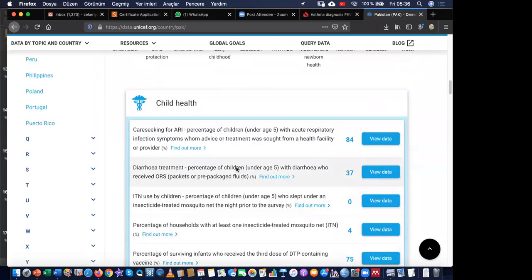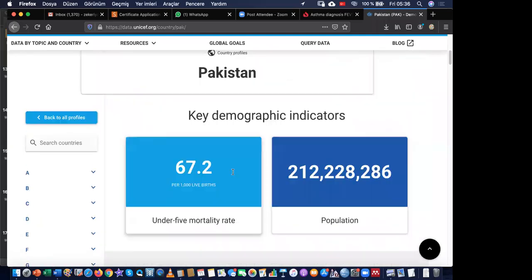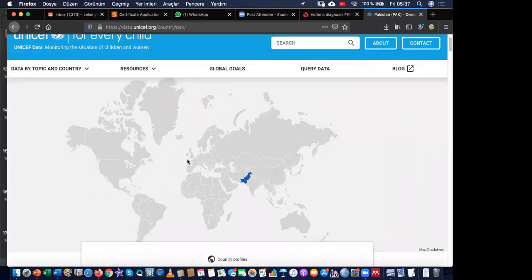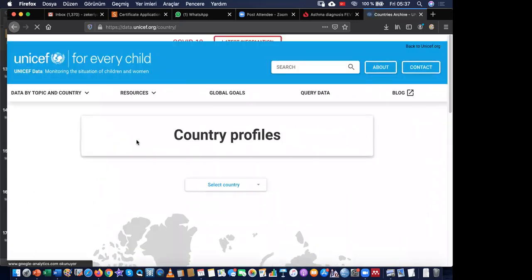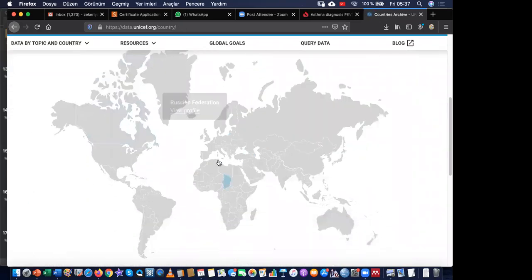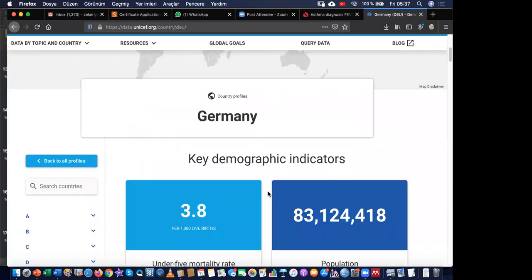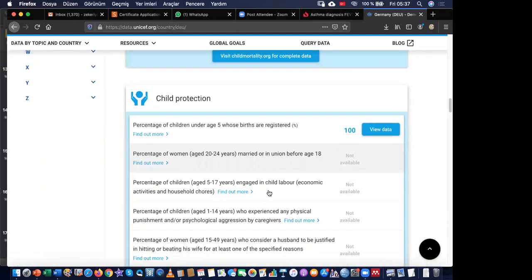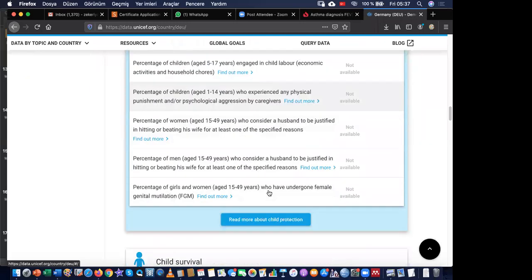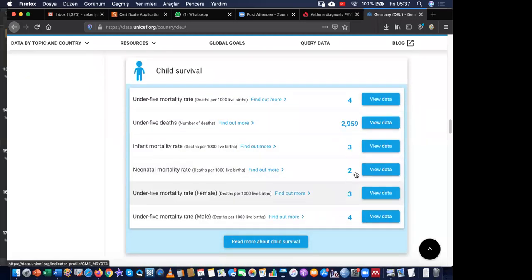What would be the number in Western countries? It will be less. How much less? 10, 15, maybe even less than 15. Let's select Germany and see how much it is. Child protection, child survival. Here it is. The neonatal mortality rate in Germany is only 2.